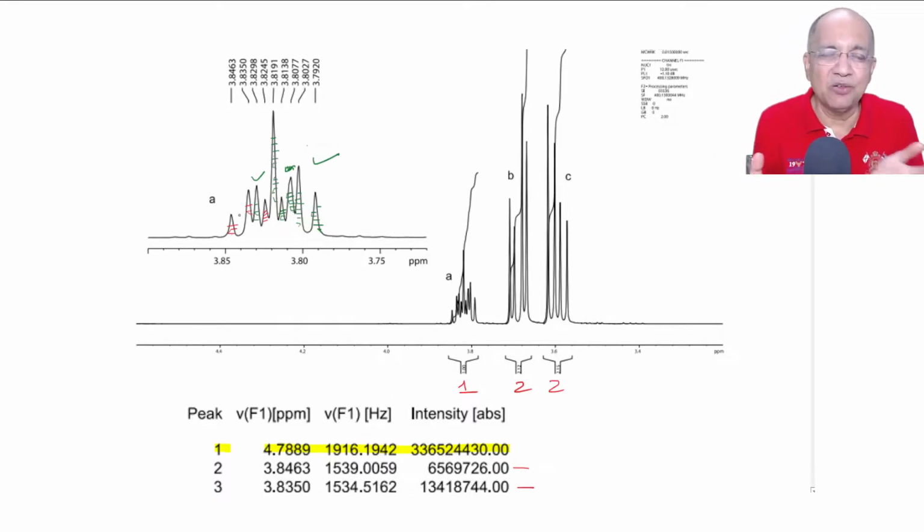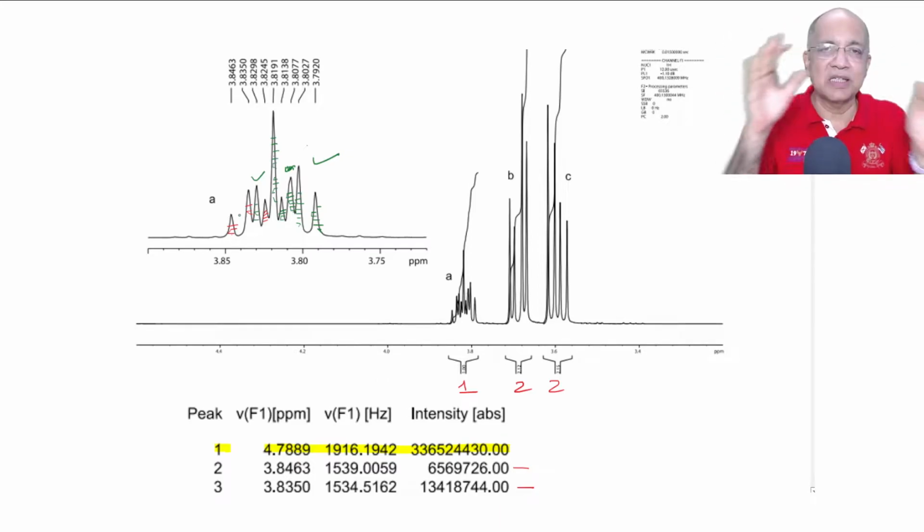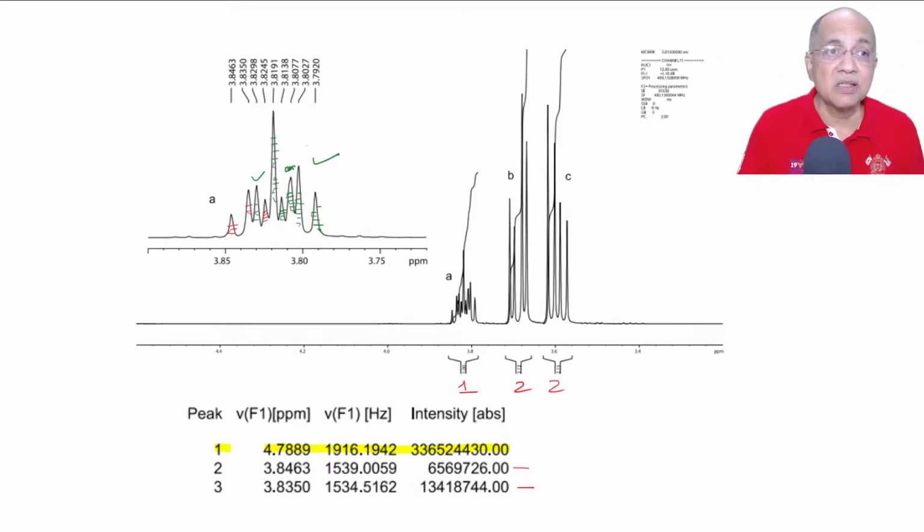If the J values are very close, like 6, 4, 5, 6, 7, 6, in those cases there will be crossing of components, and unless you are very careful, it will be very, very difficult to find the J values. These are the 9 lines.